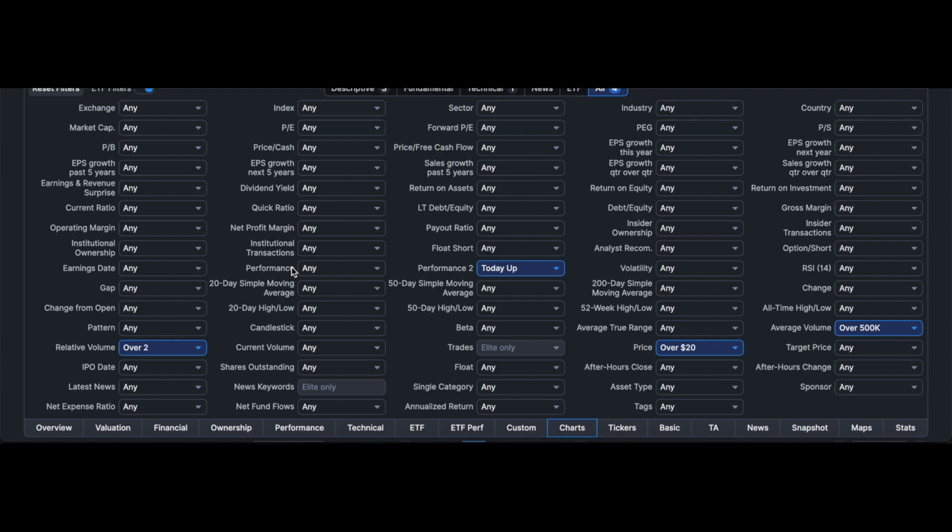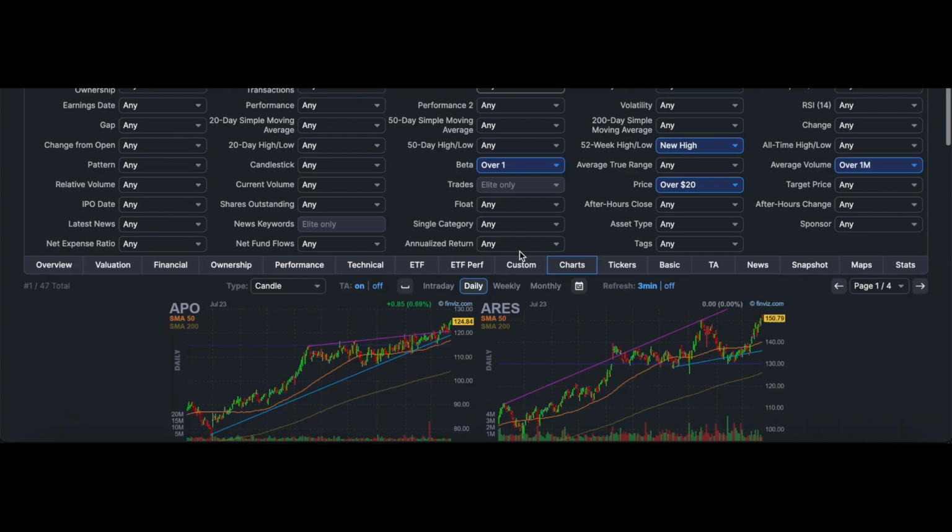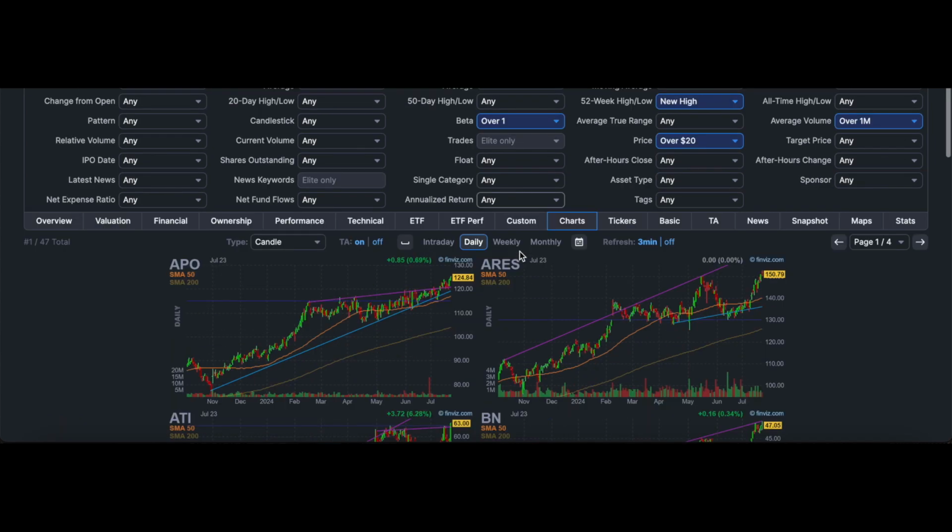And then the third scan I look for is new 52-week highs. This is very similar to the first scan I was talking about for finding momentum leaders, right? But in this case, it's not about finding momentum leaders, so we don't have to necessarily filter for stocks that have at least doubled. In this scan, you'll find more slower names, names that move slightly slower but are continuing to trend higher and higher.